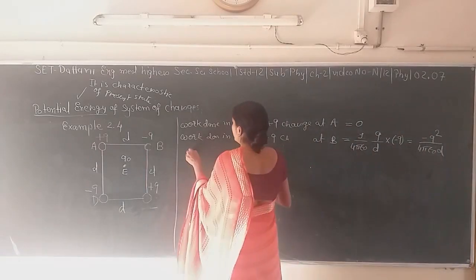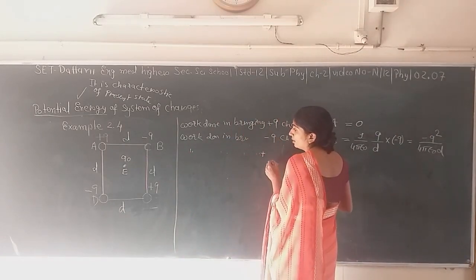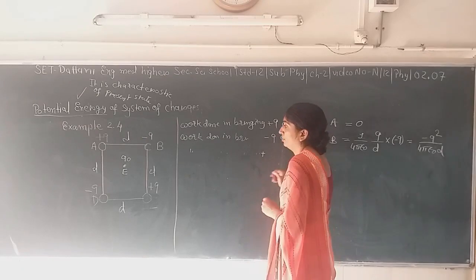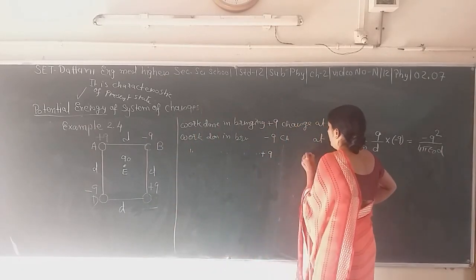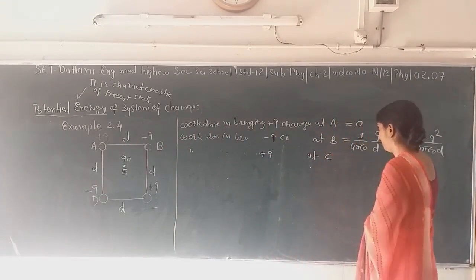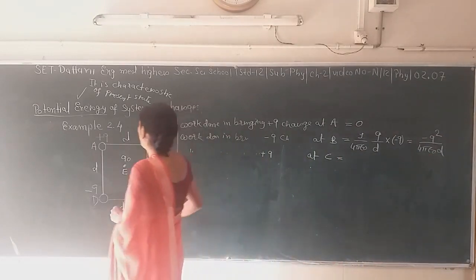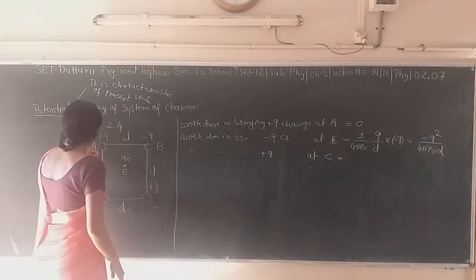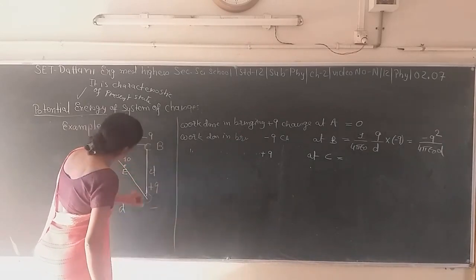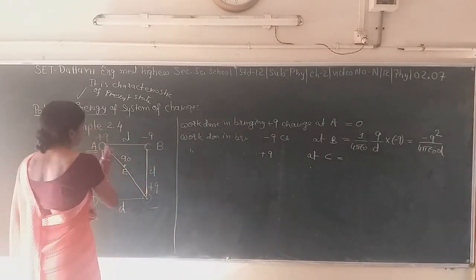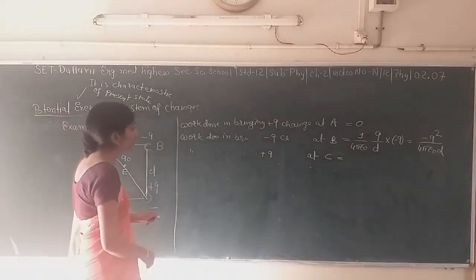Now the work done in bringing plus q charge at C is equal to... Over here two forces are going to act on it. One is due to A, in this direction, and the other due to B. B and A both are going to apply certain force on this particular charge.